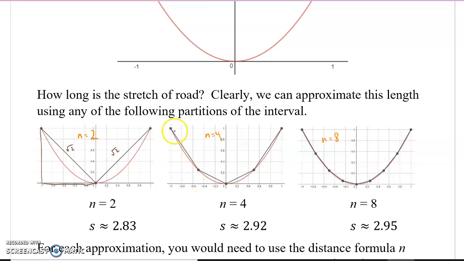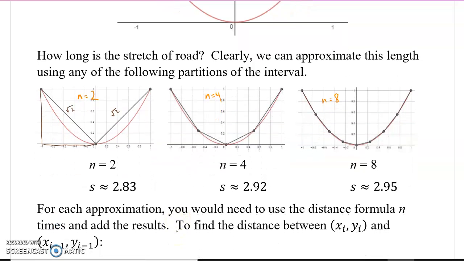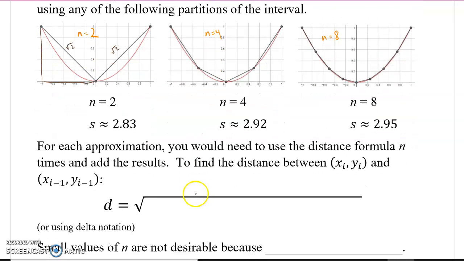Now we can do the same thing with more partitions, but it's going to get pretty tedious, right? So we're using the distance formula, which is the Pythagorean theorem, to find the distance between each of the sets of endpoints, right? So x sub 0, y sub 0, comma x sub 1, y sub 1, use the distance formula. And then from x1, y1 to x2, y2, use the distance formula again, rinse and repeat.